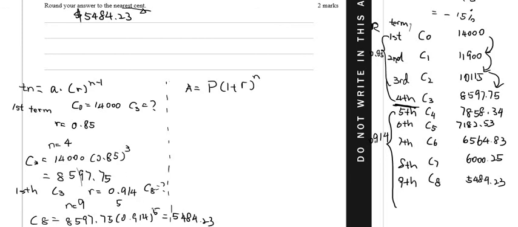Now you need to be aware that the index over here is 5. It's how many times that it's depreciated. It's not going to be n minus 1 over here because we are using a different r. So the r is not consistent in the 8 years. Okay, so we can't use n minus 1 as our index in this case. It has depreciated 5 times, so we need to put 5 over here.